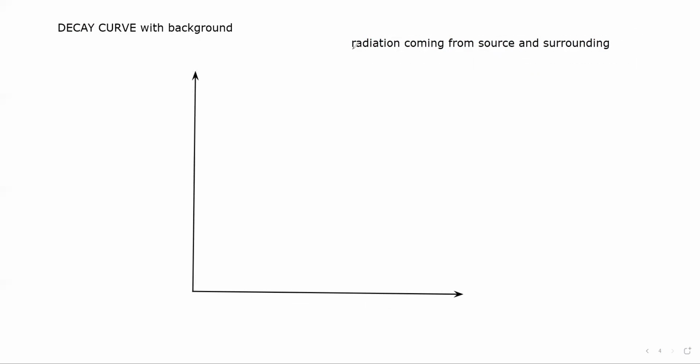Example. This is a graph, a decay curve. Time is in hours, and the number of radiations is on the other axis.